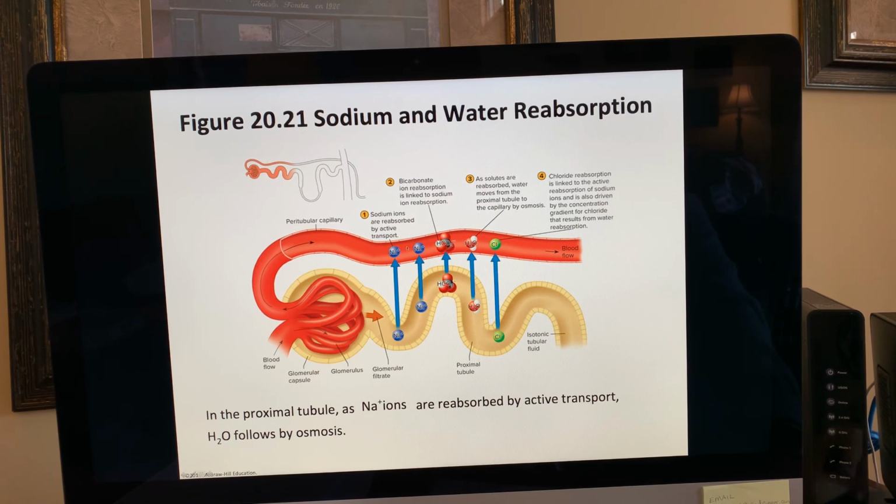And when you start pulling all these ions over here, water tends to follow. So water follows the salt. When the sodium and chloride come out of the tubule and into the peritubular capillary, water molecules follow them, and that's how you reabsorb water passively through osmosis. As the osmotic pressure increases here, as you increase ions here, and you decrease ions here.